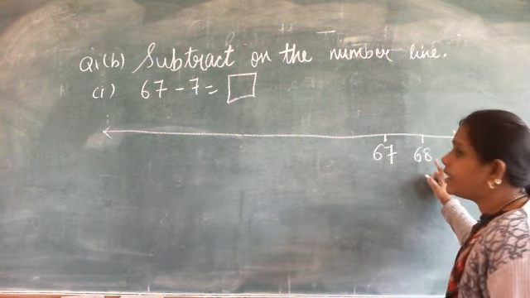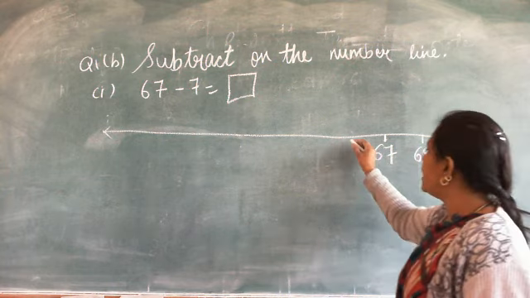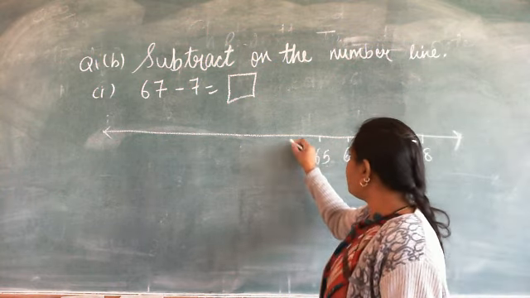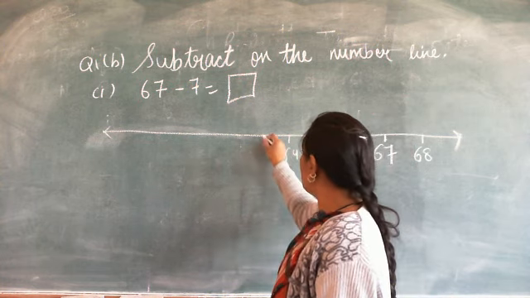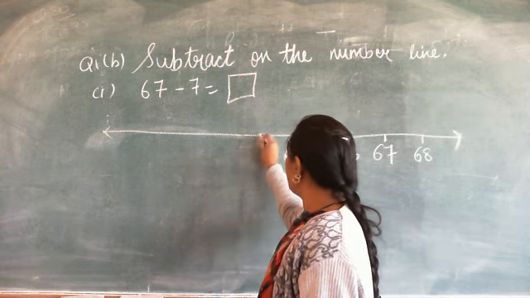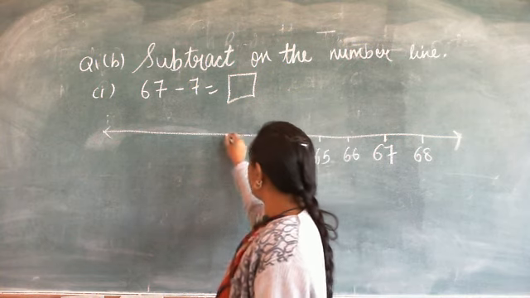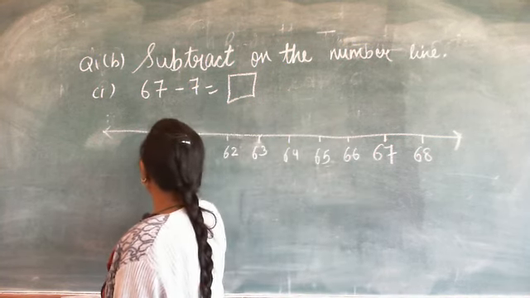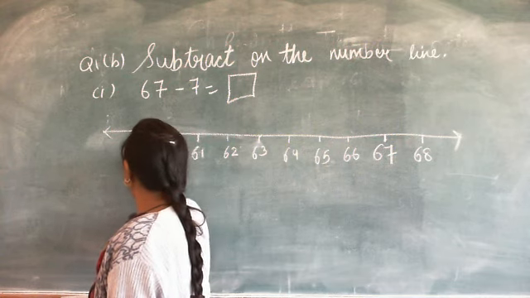So start writing from 68, 67, 66, 65, 64, 63, 62, 61, 60 and 59.